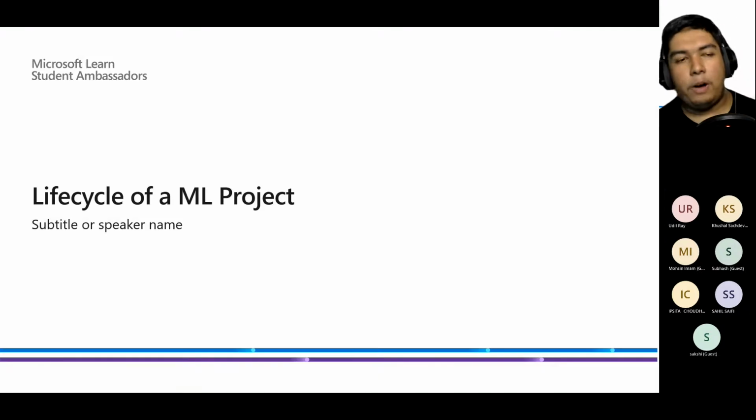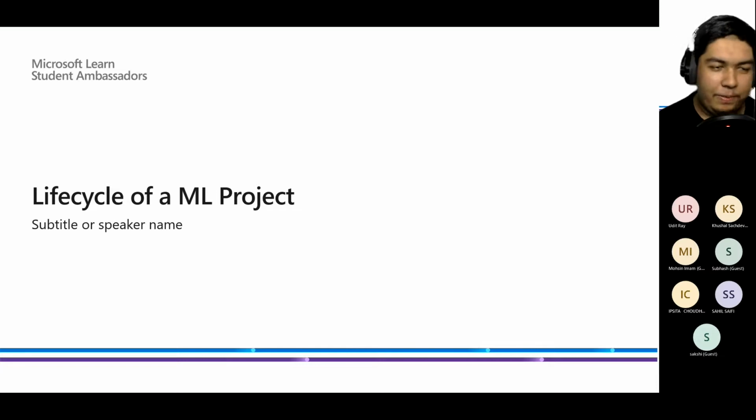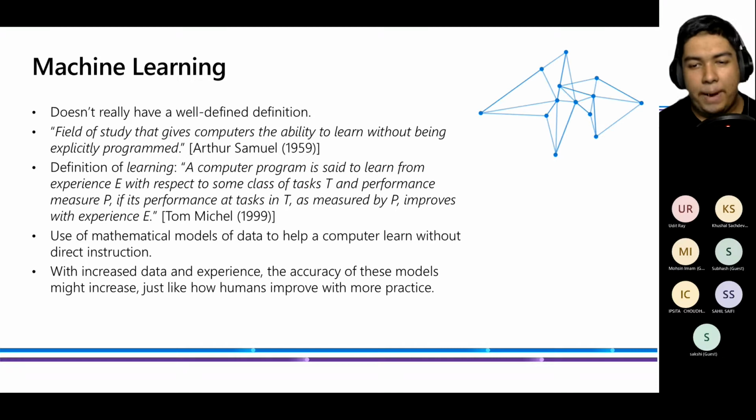First, we will be talking about what a machine learning project looks like on a larger scale, and what it comprises. Before learning about machine learning projects, we first have to have an idea about what machine learning is. It does not have a well-defined definition, but some people have tried to give it one.